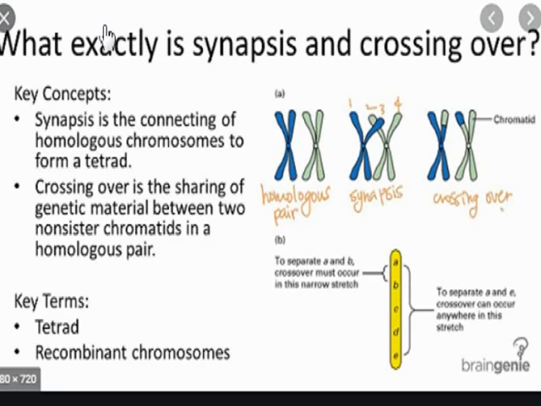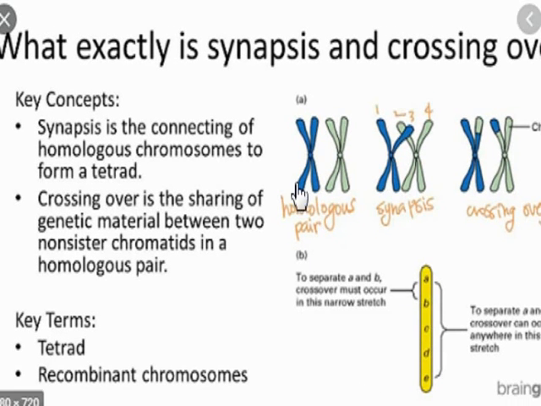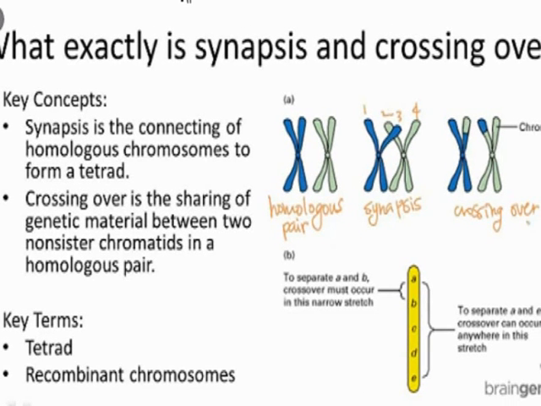Again, key concept: synapsis is the connecting of homologous chromosomes. When the homologous chromosomes are connected, we call it synapsis. They form what? Tetrad. Again, I told you about the tetrad. This process is the tetrad formation.